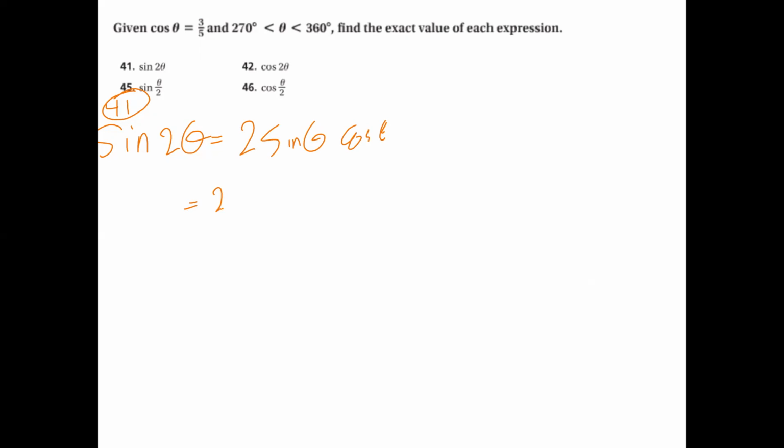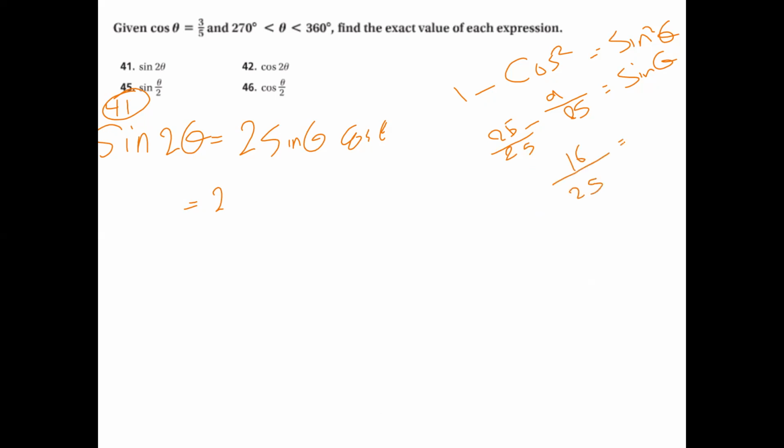So I have now to find the sign using the Pythagorean theorem: 1 minus cosine squared is sine squared of theta. So 1 minus 9 over 25 is sine squared of theta. After I make it the same denominator, it will be 16 over 25 is sine squared of theta. Under the square root, sine theta here is 4 over 5.